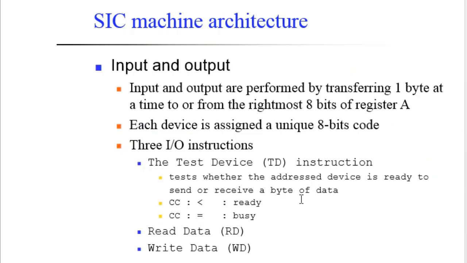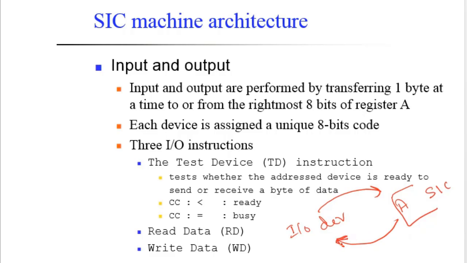The last dimension that we need to understand about the SIC architecture is input and output operations. Input and output operations are performed by transferring 1 byte at a time to and from the rightmost 8 bits of register A. So there is an IO device, and we have the accumulator which belongs to the SIC machine, right? So you can perform the data read and write.